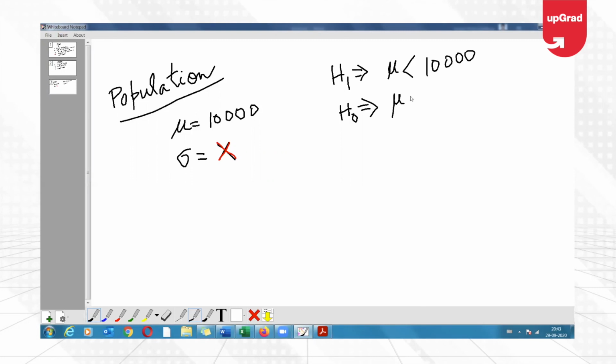My alternate hypothesis is that it is equal to 10,000. Now, I do not know the standard deviation. So, this is my sample size.